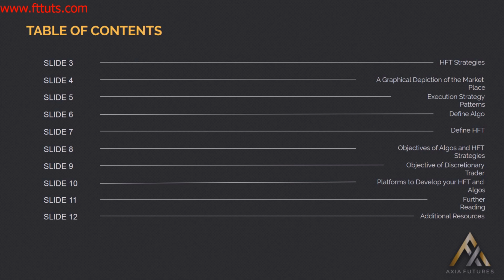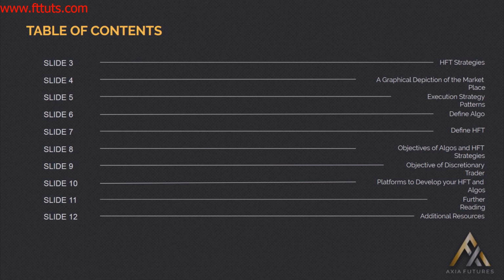Slide 8, we look at the objective of discretionary traders within the world of the other market participants, and what we're trying to do when we observe these other execution strategies. Slide 9, we quickly look at a platform to develop your HFT and algos for those of you who are interested.